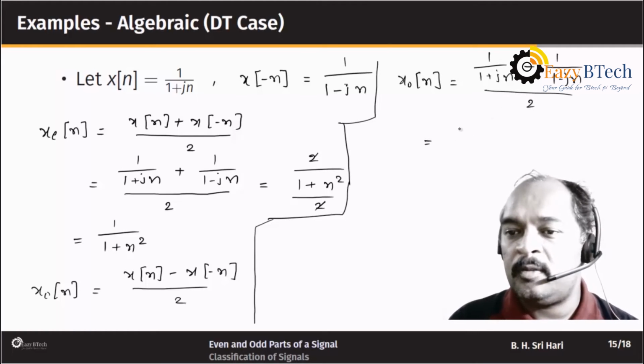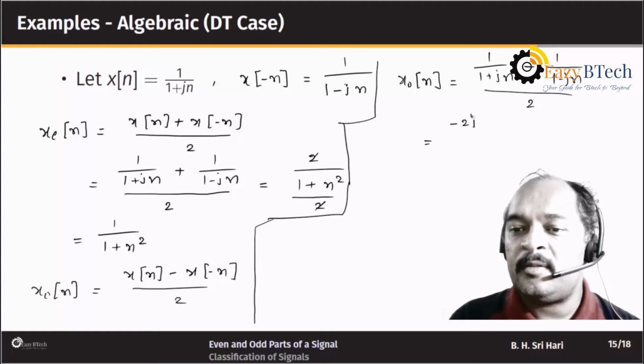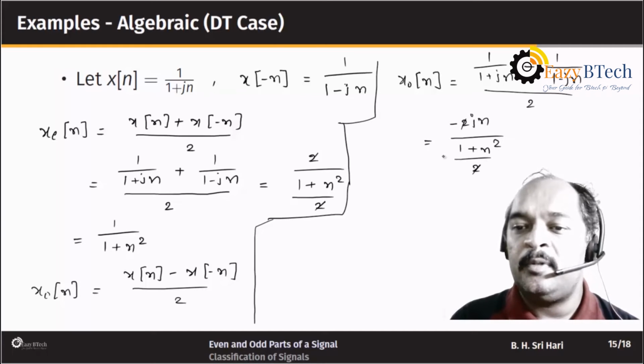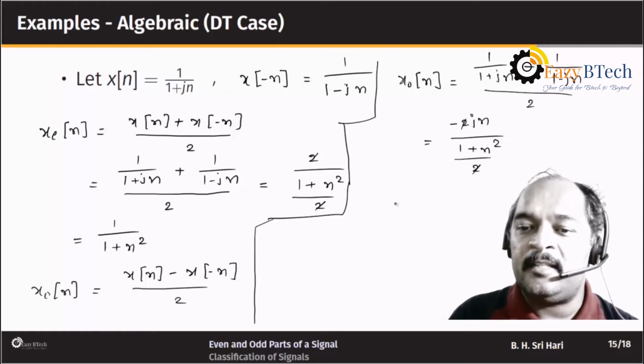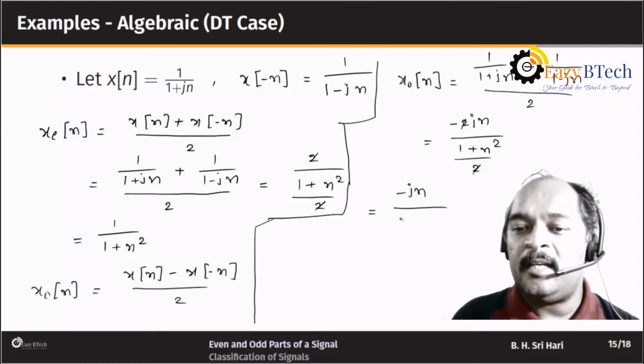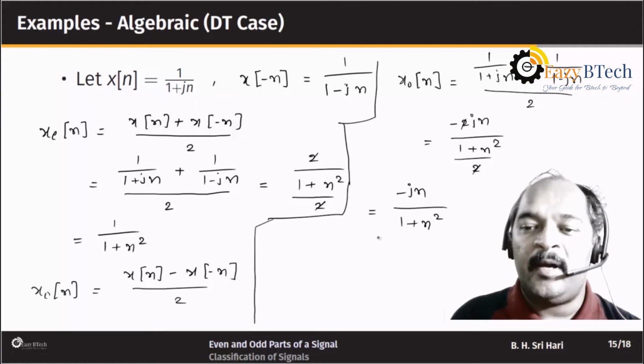So that turns out to be how much? Minus 2jn divided by 1 plus n square, whole divided by 2, and that 2 will get cancelled out, and finally you get the answer to be minus jn divided by 1 plus n square.